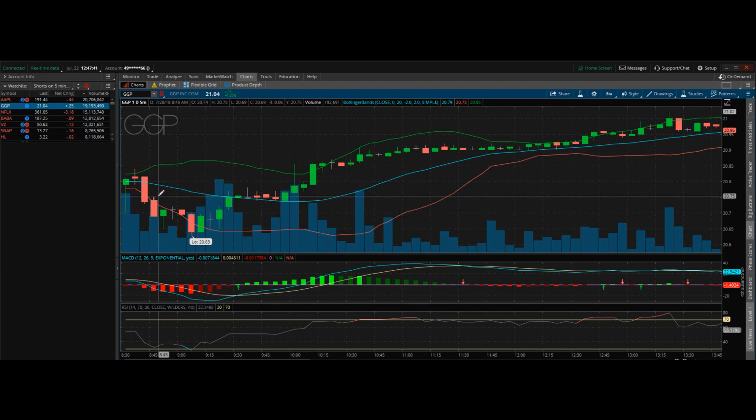What I mean by shorting using this style is you have to wait for it to break past this lower Bollinger Band. So for instance, right here, let's just say you got in right there and you rode it down to right there, made 11 cents per share, and over here you made 13 cents per share.